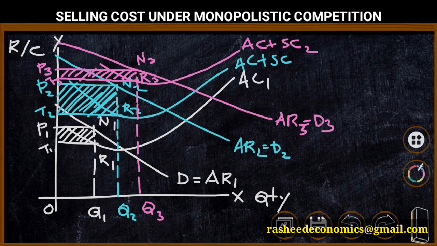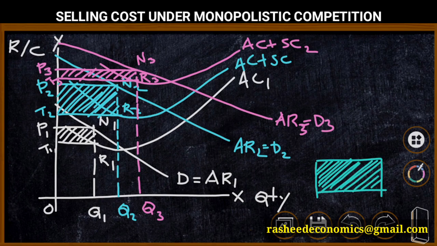Now let us compare the profit level at different levels of selling cost. When selling cost is incurred by the producer at the initial level, when AC is added with the selling cost, the total profit of the firm will be this much area. The green shaded area is P2, N2, R2, T2.